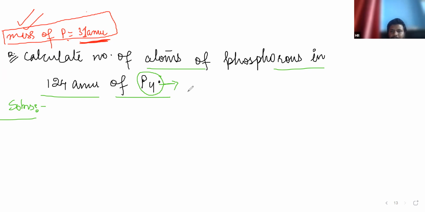Okay. What is the mass of one atom of phosphorus? It is 31, and here 4 atoms of phosphorus are present. That's why we will multiply by 4 and it will be 124 AMU, not 123. Got it, Arslan?